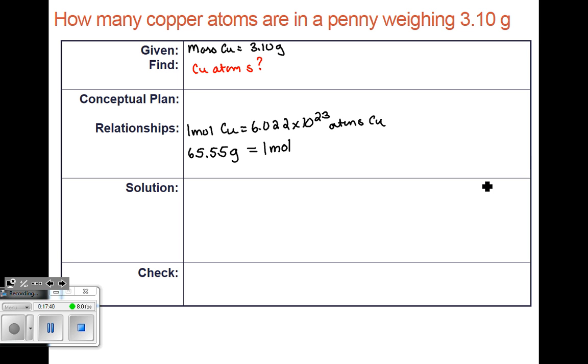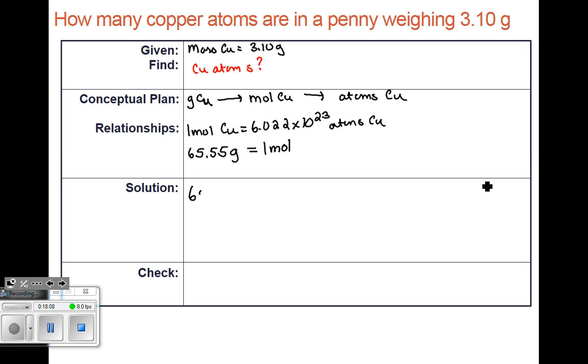Everything on the periodic table is our mass related to 1 mole of that thing. So now we have a relationship. We can take our grams of copper, use our relationship between mass and moles to convert that to our moles of copper. Once we have our moles of copper, we can convert that to our atoms of copper. And that'll give us our answer.